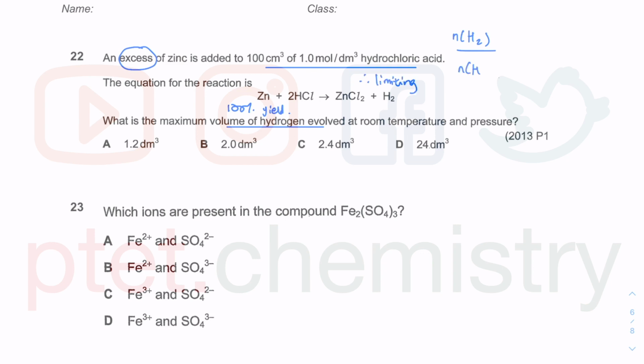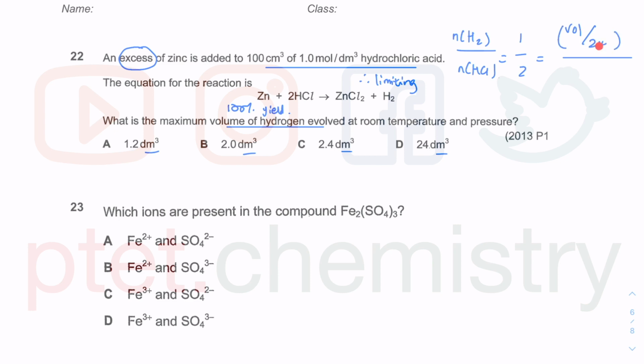So the mole of HCl there, from the balanced equation, 1 mole of H2 comes from 2 moles of HCl. So hang on. Because I put H2 on top, it has to be 1 mole of H2, 2 moles of HCl like this. On the right hand side is the actual mole. So this is volume of H2. All the options are in dm³. So it's volume over 24, because this is the volume in dm³.